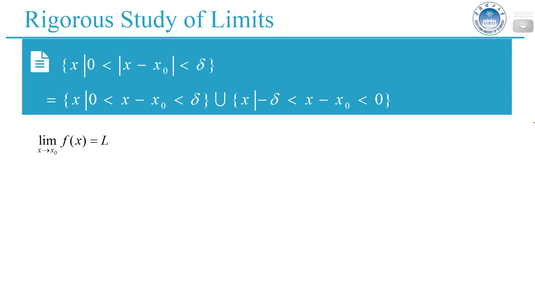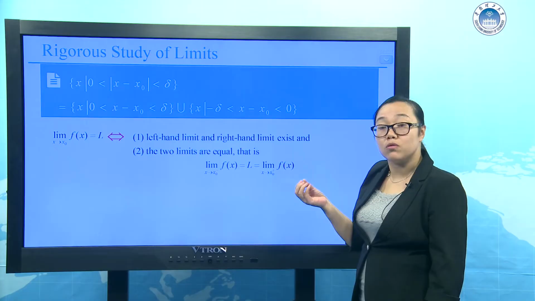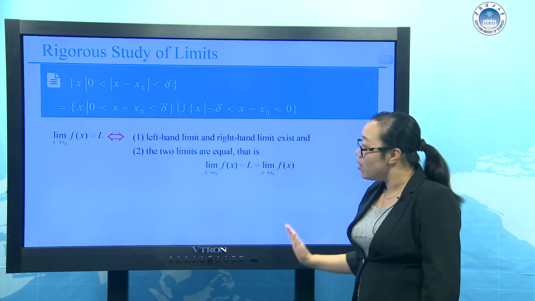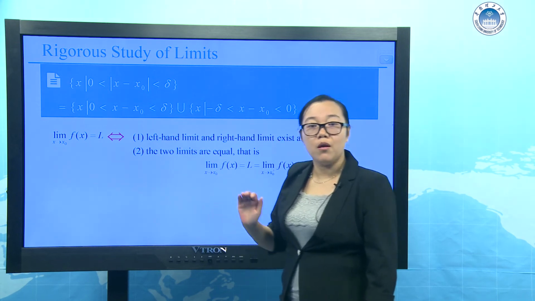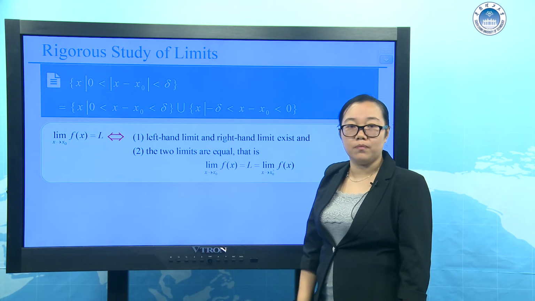The limit of f(x) as x tends to x0 exists if and only if the left-hand limit and the right-hand limit both exist and are equal. At this time, the limit will exist. Pay attention to the property. We will use the property to finish some questions.